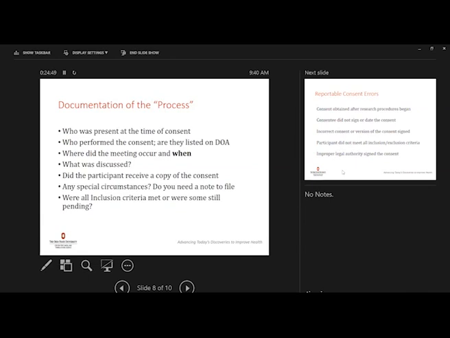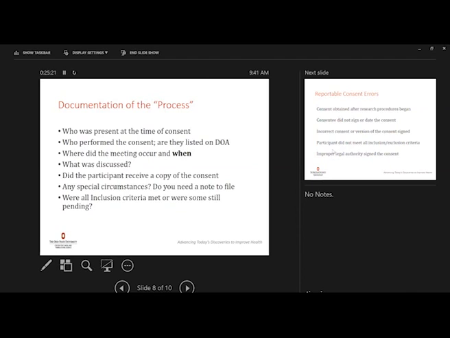So you need to document that, yes, they complied with all of the items that were requested at the consent visit or the initial visit, but as far as being in the study, that was not determined yet because those were pending. And also make sure that you go back when you get those results and document that you did receive them, so that you have a full circle of your documentation.